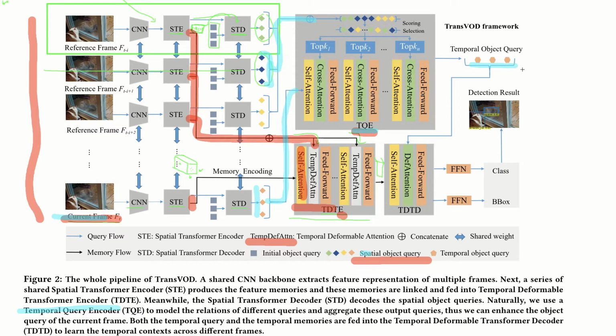And how do we get even richer object queries? First of all, we apply cross-attention between the queries of the current frame and the queries of the other frames.